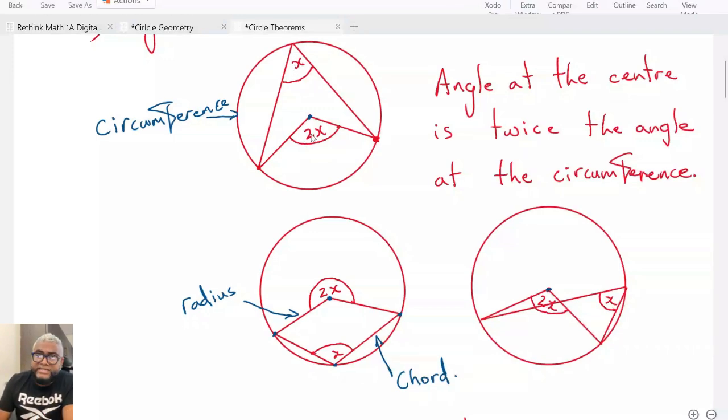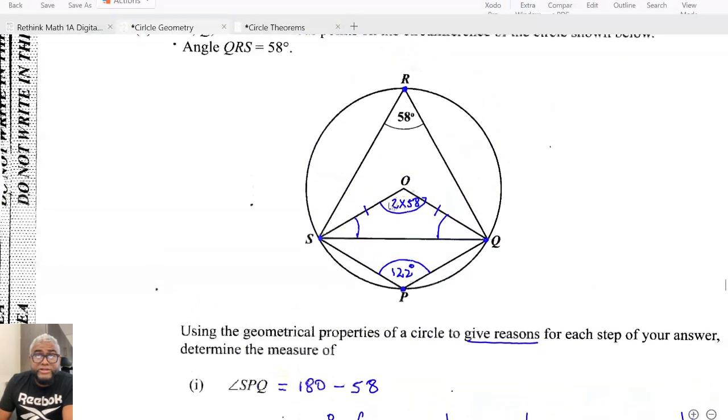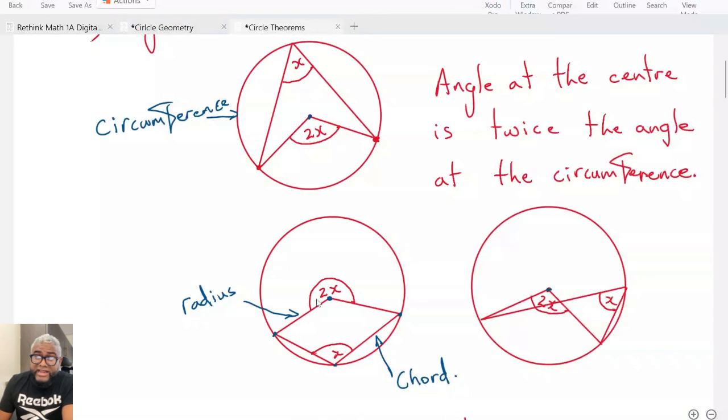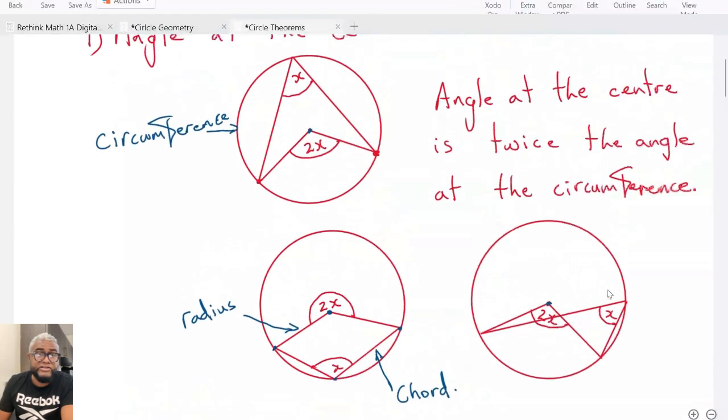If it is shaped like this, which is what is going on here, the angle behind here would be twice this angle. Even if the angle is pulled to the right up in this corner, the angle at the center is twice the angle at the circumference.